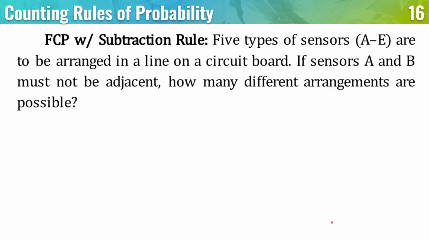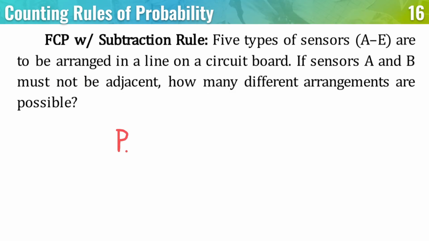Number 16. 5 types of sensors, A to E, are to be arranged in a line on a circuit board. If sensors A and B must not be adjacent, how many different arrangements are possible? So this is similar to our elements kept together, except this time they must not be adjacent.